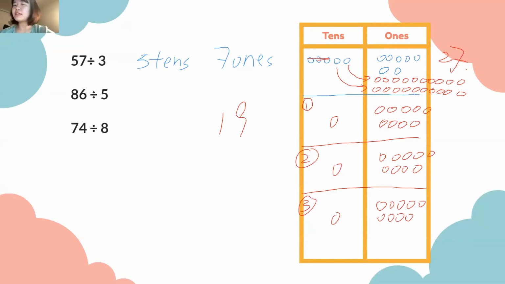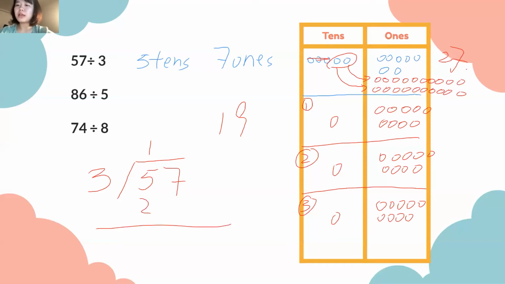Okay, and let's start doing the standard algorithm. So 57 divided by 3. Using the place value chart on the right side, we put 1 up here because in each group we can only get 1 ten, and the remainder is 2 tens.